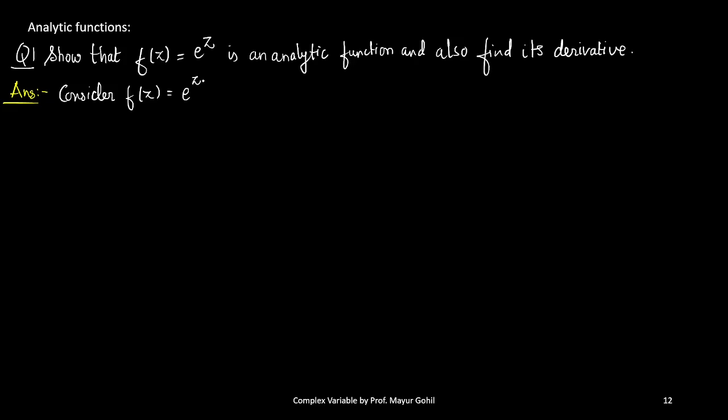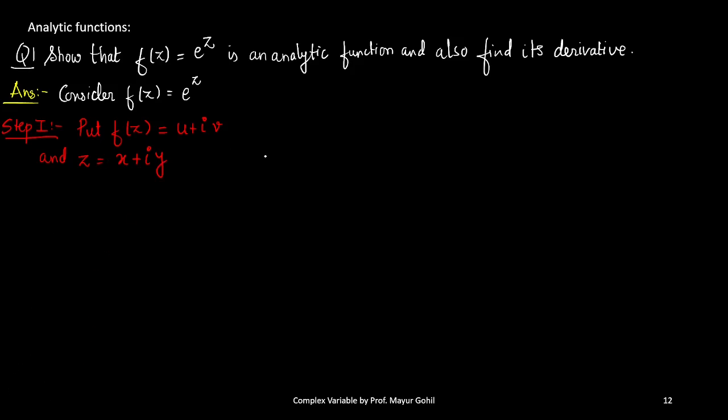Now, the first important step here is that we put f of z as u plus iv and z as x plus iy.